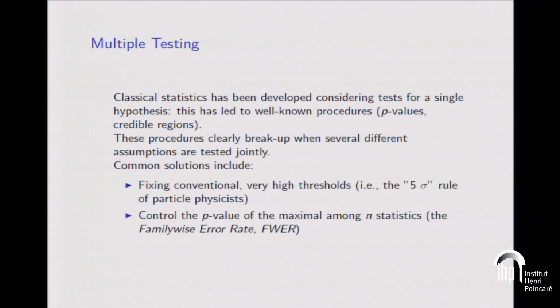It means simply that you don't compute the p-value of the single test, but the p-value of the maximum between all the tests that you're running. So you want to compute the probability that if you run 1,000 tests, the largest of these tests is above some level. So 5 sigma is a similar ad hoc idea: you look at the maxima of all the simple things you've been looking at, and you put a very, very high threshold.